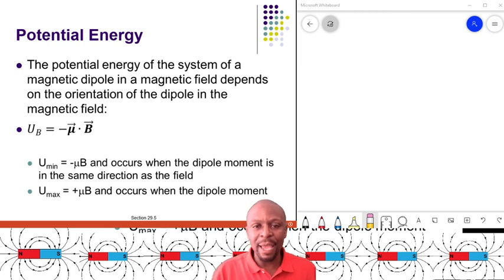I suggest that you draw the cosine of theta graph so that you can see that this is the case for the minimum potential energy and the maximum potential energy, taking into account this negative which comes from the definition of magnetic potential energy.